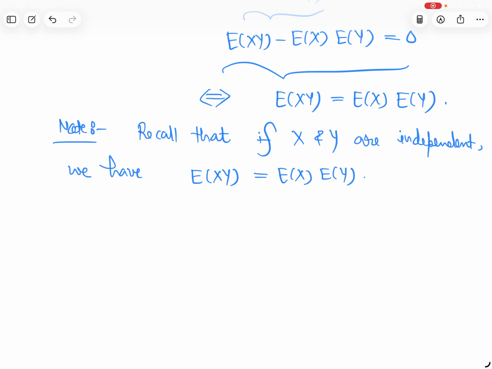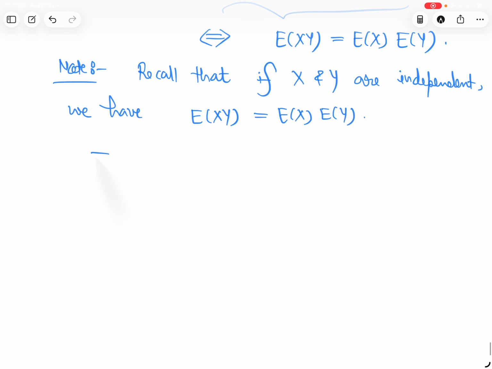So can you tell me whether if x and y are independent, they are uncorrelated? Because being uncorrelated means Exy should be equal to Ex into Ey. If x and y are independent, we have this formula. But this is the same as being uncorrelated. So this implies if x and y are independent, they are uncorrelated. So this implies covariance of xy is equal to 0.